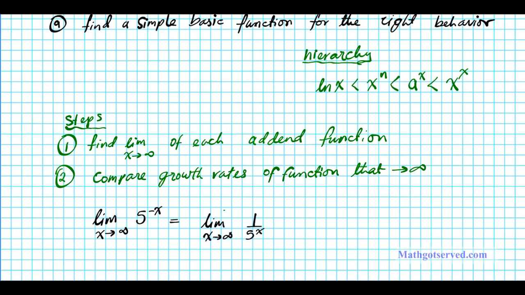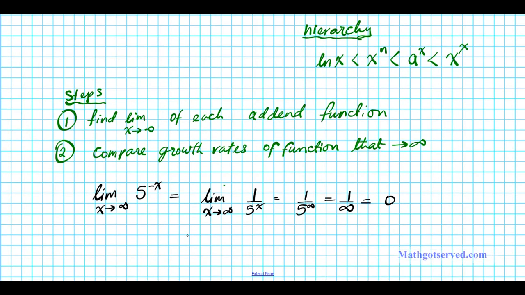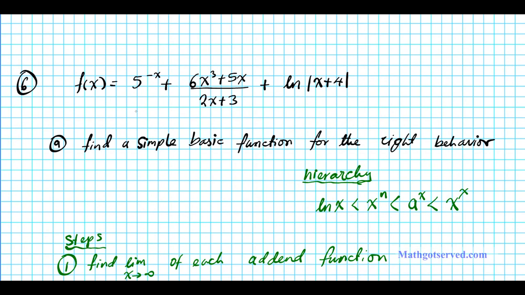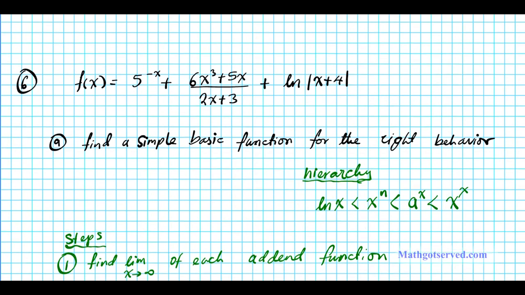If we carry the substitution, we have 1 over 5 to the infinity, which is 1 over infinity, and 1 over infinity is equal to 0. Okay? All right. So this one, at infinity, doesn't really act properly. It actually approaches 0, so it's of no consequence. We're going to ignore that.